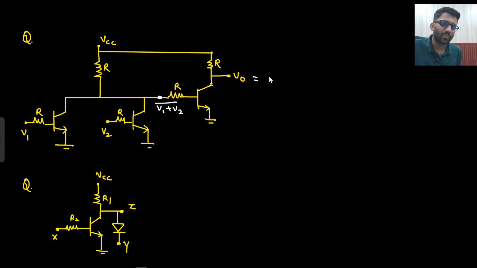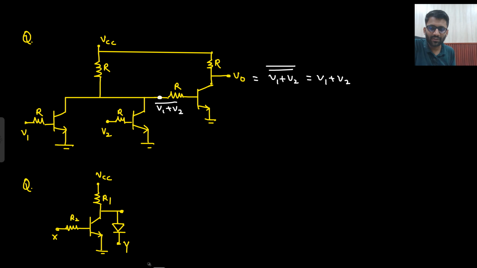Bar of V1 plus V2, and then another bar, because this is your inverter only. So what are you going to get? V1 plus V2. There is a very rare chance that they will ask these questions, because this has been removed from the syllabus. But still they have written CMOS implementation, so why should we drop anything? So we are using this logic gate as well, this logic implementation as well.